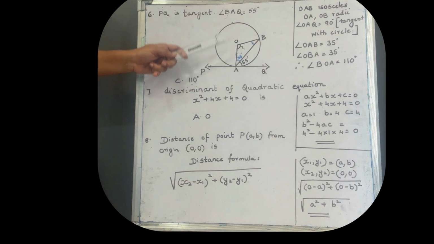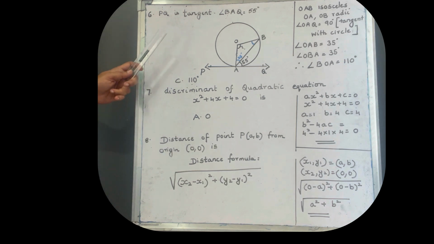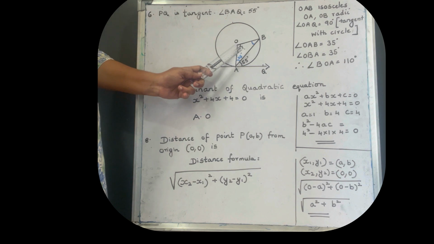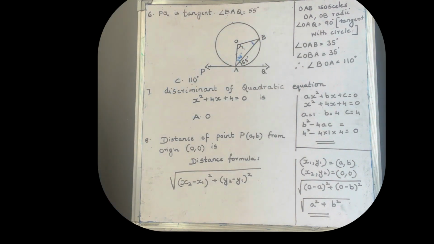Since OAB is isosceles, angle OBA will be 35 degree. Therefore, angle BOA will be equal to 180 degree minus 70, which is 110 degree.